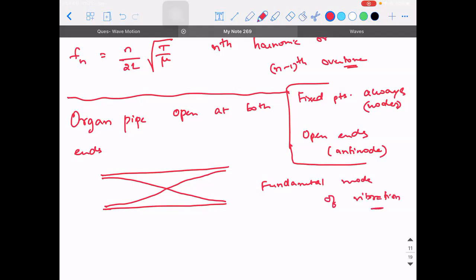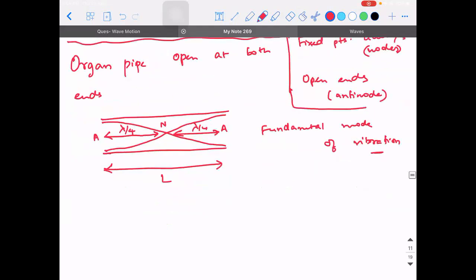When I talk about the fundamental mode of vibration, if I take the length of the organ pipe as L, this is an antinode, this is a node, and this is an antinode. Correct? So how much will this distance be? Lambda by 4. Very good. So this will be lambda by 4. So L will be lambda by 2.